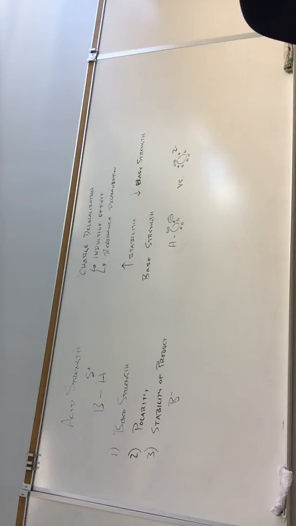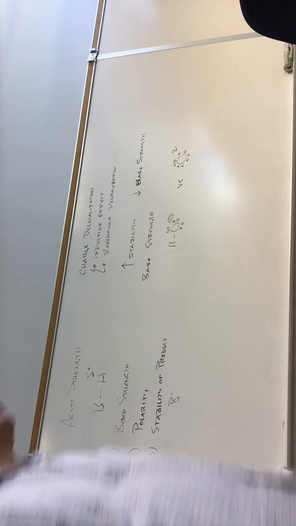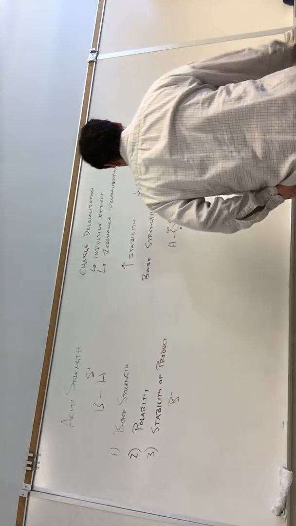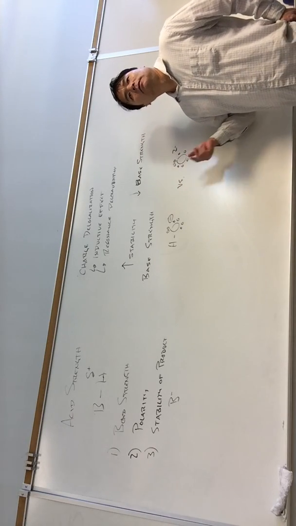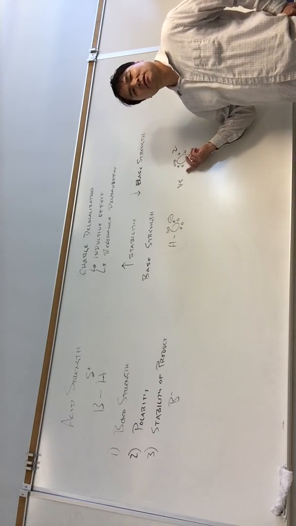What's more, if you're a positive charge, what would be more attractive, a -1 or a -2? -2, because in fact it'd be twice as attractive according to Coulomb's law. So the force of attraction is going to be double this. If the force of attraction is double, then obviously this is going to be the stronger base because it has more negative charge density.